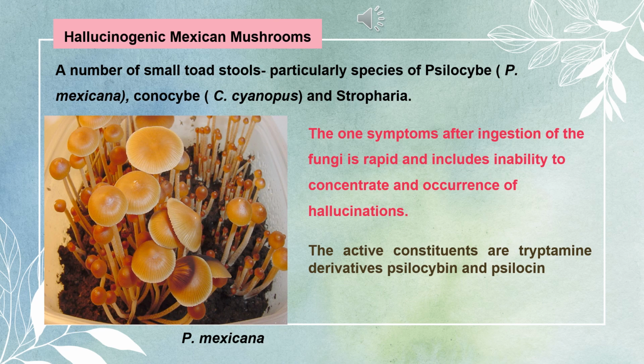The symptoms after ingestion of these fungi are rapid and include inability to concentrate and occurrence of hallucinations. The active constituents present in this type of mushroom are tryptamine derivatives, mainly psilocybin and psilocin.